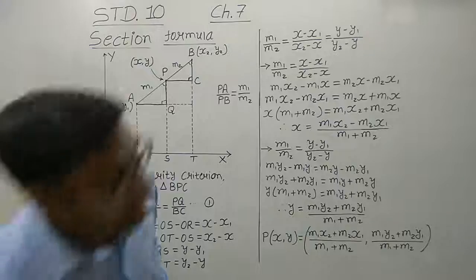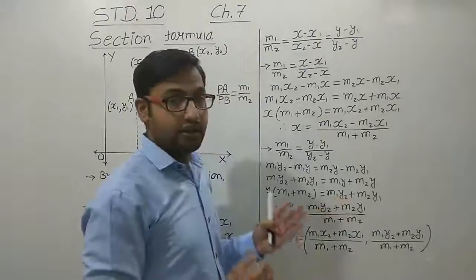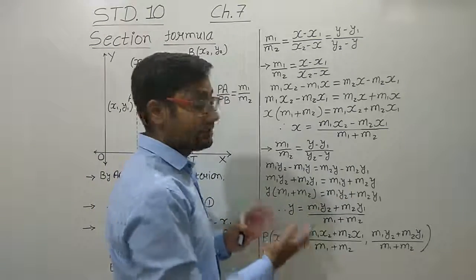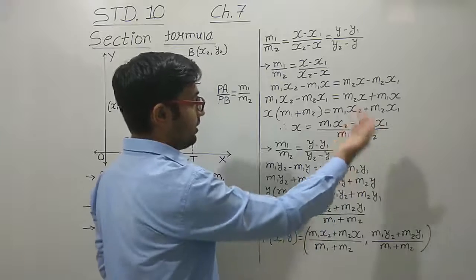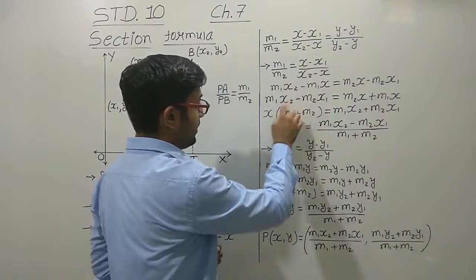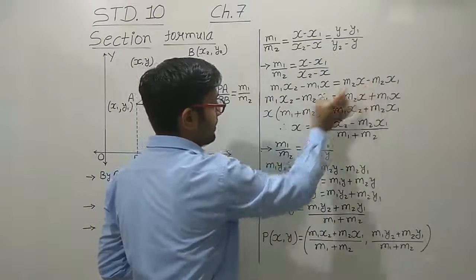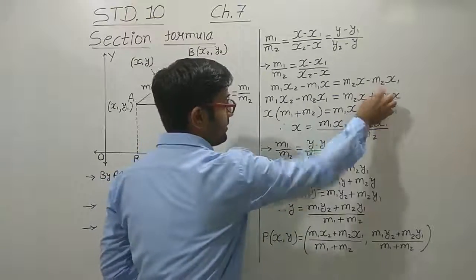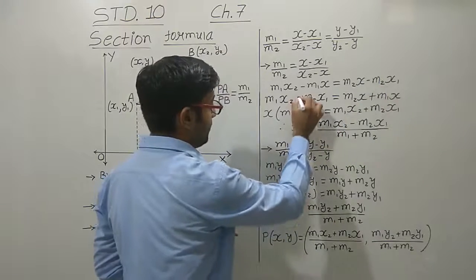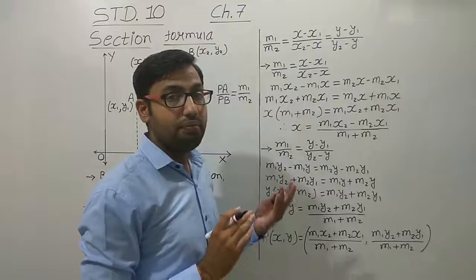Now take all the terms which have X to the right hand side and the others to the left hand side. So M2 X1 is minus, and when we take it to the left hand side, it will become plus.